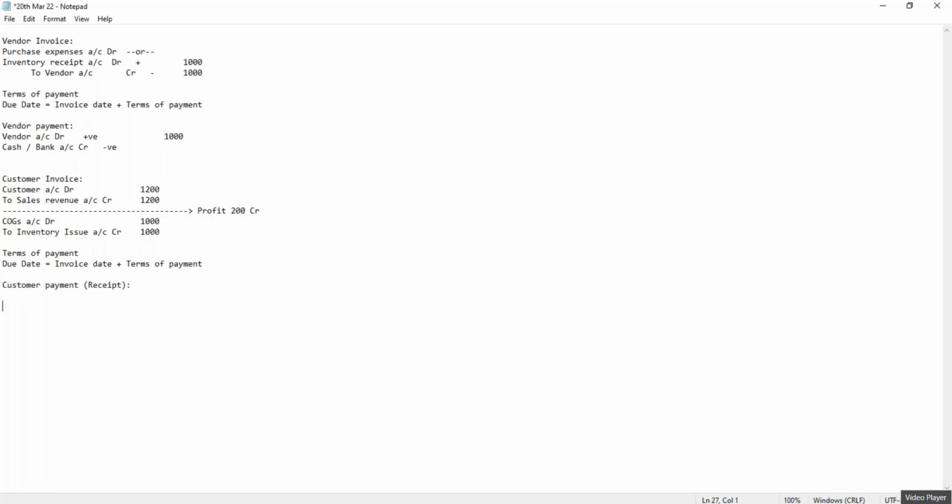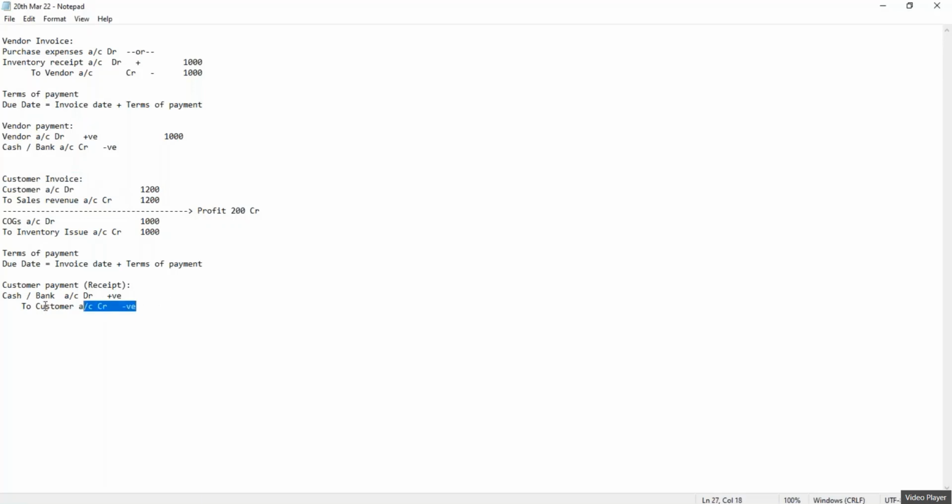Okay. So while receiving money, your cash balance or bank balance will be increased. That means positive. And then customer account credit. That means negative. Here at the time of customer invoice, it is debited.